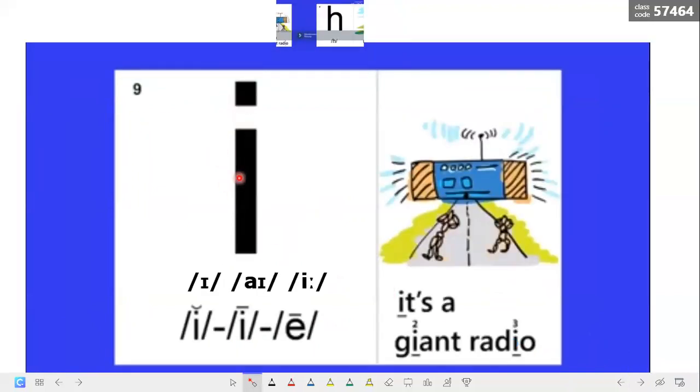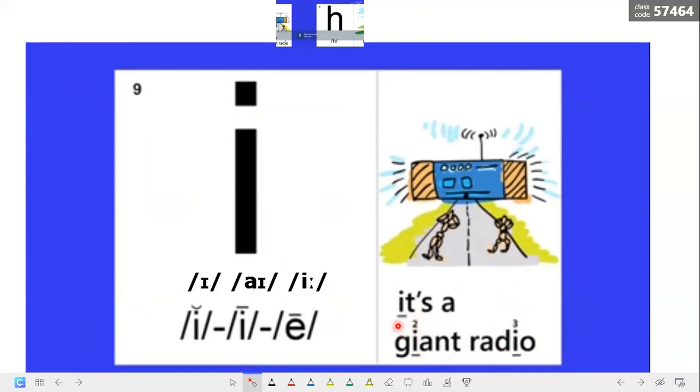And number 9, we have the letter I, which has three different sounds. It could be I, I, E. Like in the sentence, it's a giant radio.